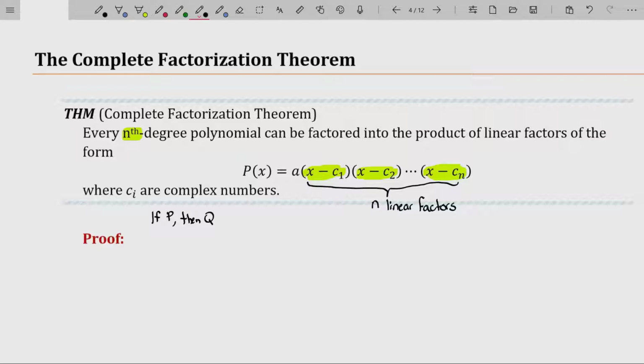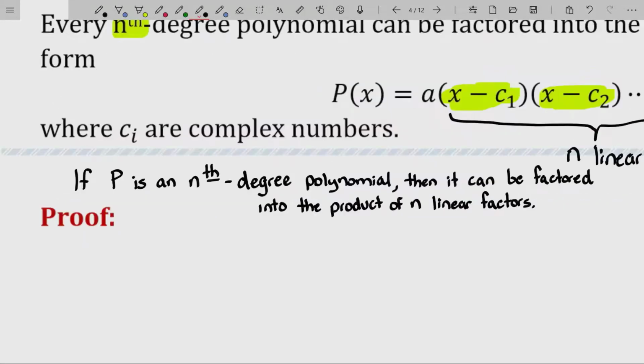In this theorem, it just says, hey, every nth degree polynomial can be factored into these n linear factors. That's all it says. There is no if-then that we can see, but actually there is an if here. If you want to rewrite it, you could rewrite it as follows. The if part is if P is an nth degree polynomial.